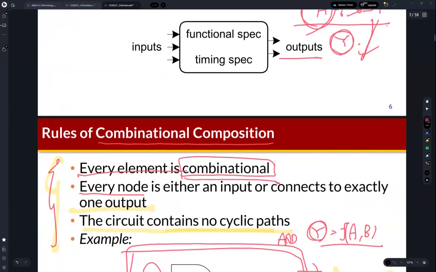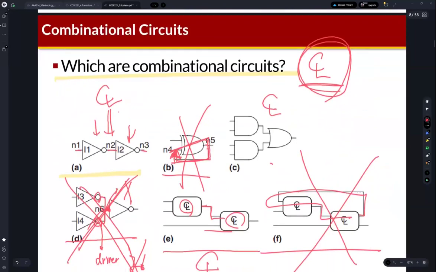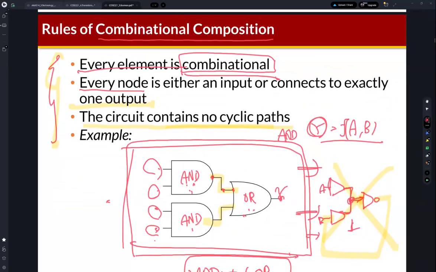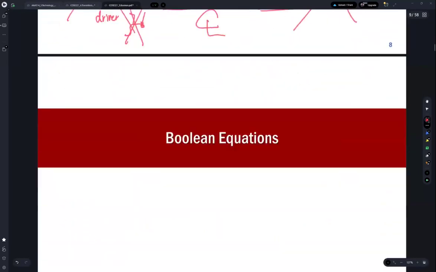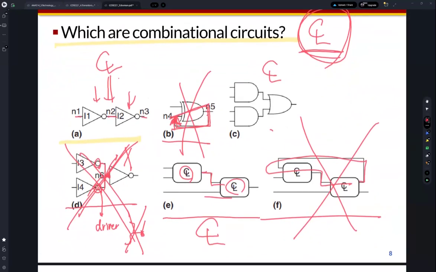And by combining multiple combinational logics, we can also make a larger combinational logic. So these are some rules of combinational composition, and based on the rules, we can figure out which circuits are combinational logic, right?